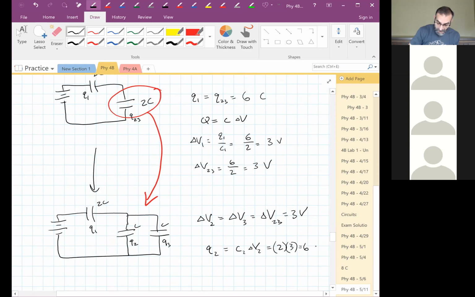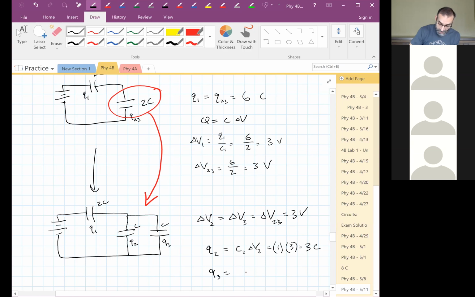Six coulombs. Is that right? No, sorry, 1 farad times 3 volts is 3 coulombs.